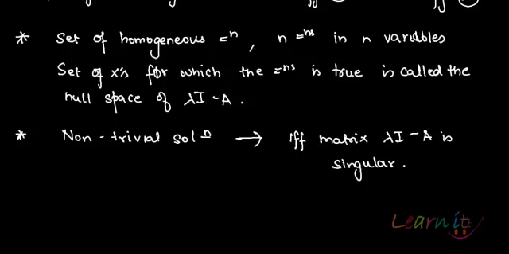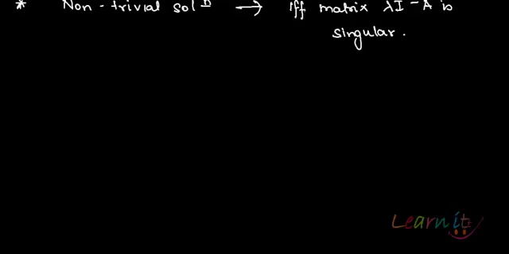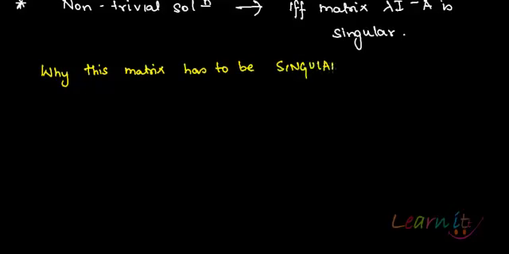Now what I want to prove right now is why this matrix has to be singular. So let me just take a 2 by 2 case and try to see why.